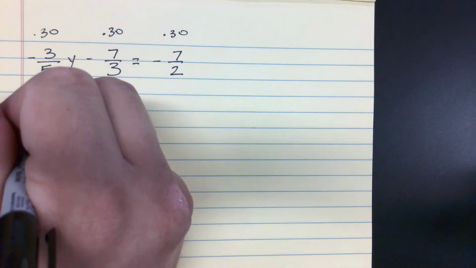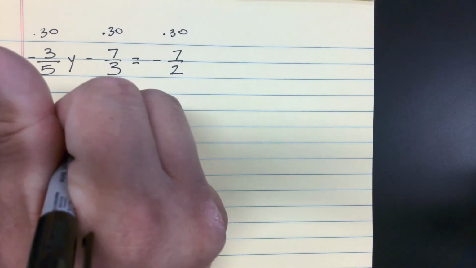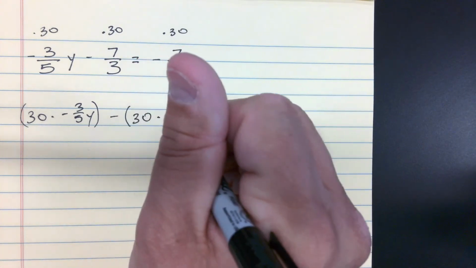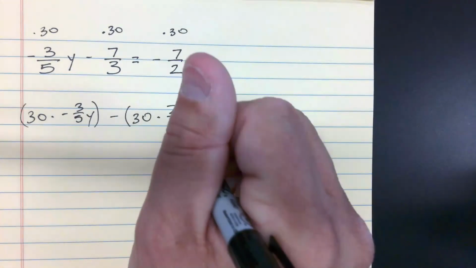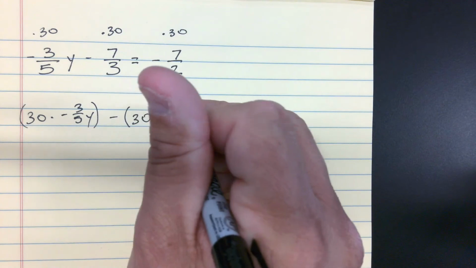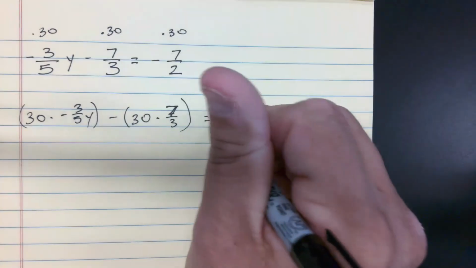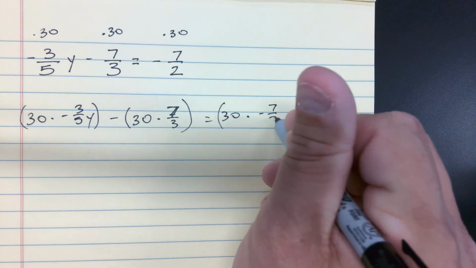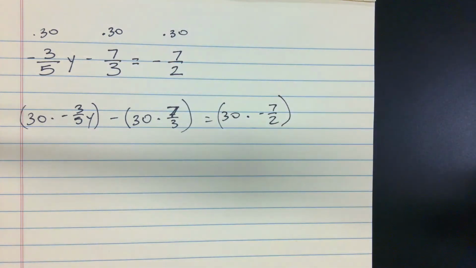So what it's going to look like is 30 times negative 3/5 y minus, and I'm going to put it like this just so you guys can see it, 30 times 7/3, that's not 2/3, 7/3, equals 30 times negative 7/2.